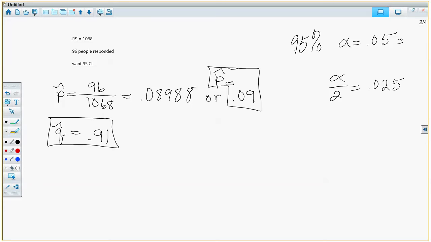What's my z-score for alpha? 0.05. Negative 1.65. And what's the alpha over 2 for 0.025? Negative 1.96. Oh, wait a minute, that's wrong. Sorry. Yeah, no, it's right. Negative 1.96.